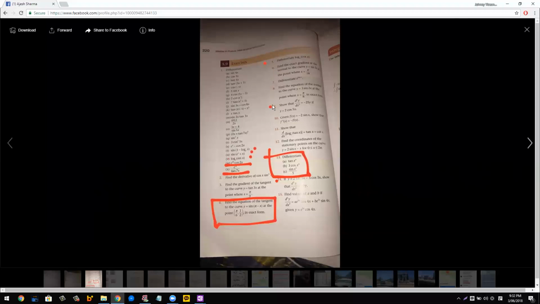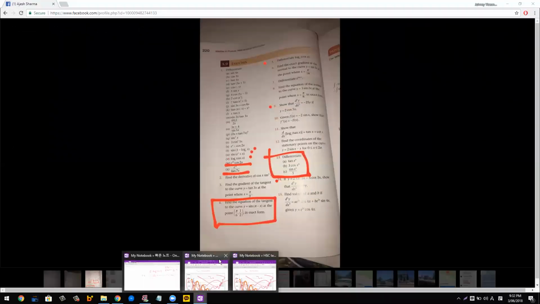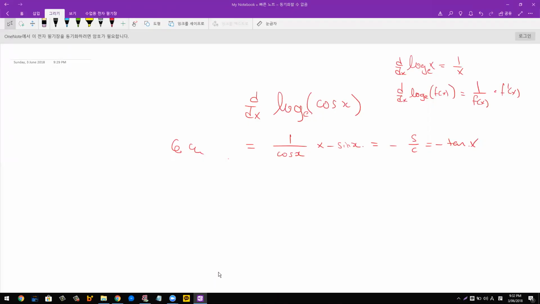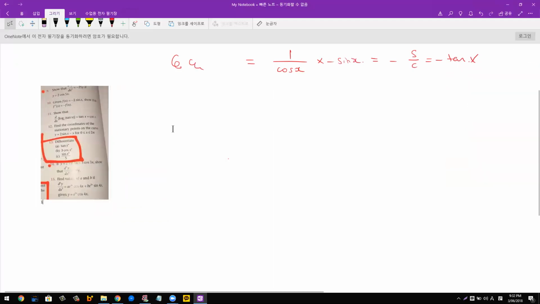So, yep, you circled these ones here. Number 9. Number 9 is pretty simple.